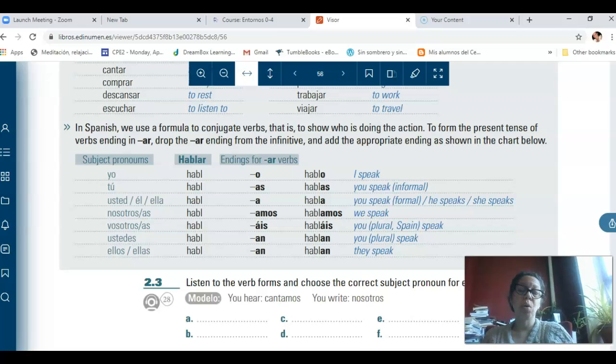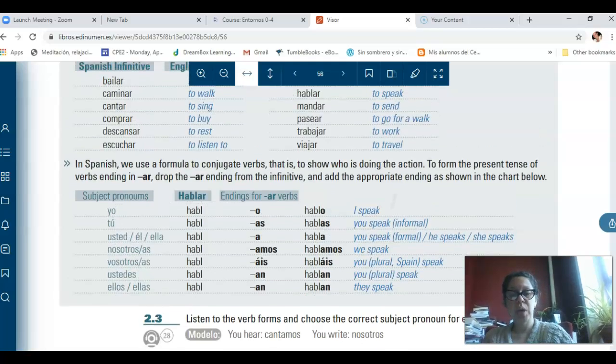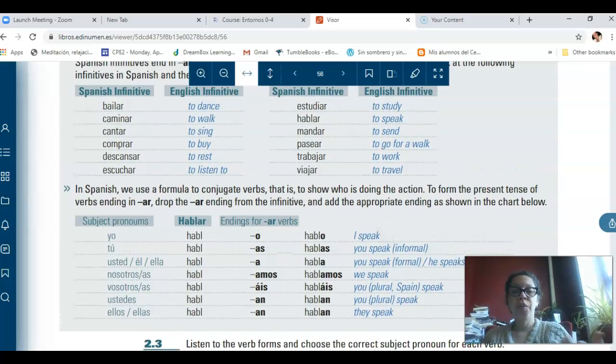Usted o él o ella, instead of AS, is going to be A. Nosotros, amos. Vosotros, áis. Ustedes, an. Ellos o ellas, an. For example, nosotros bailamos. Ellos bailan. So the ending is going to change depending on who is doing the action.